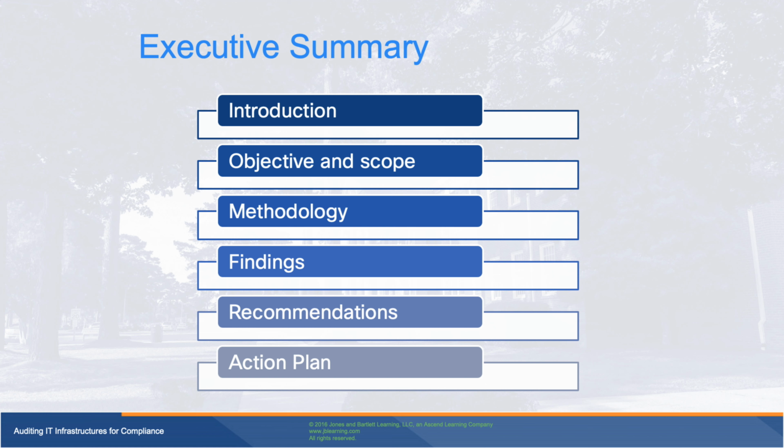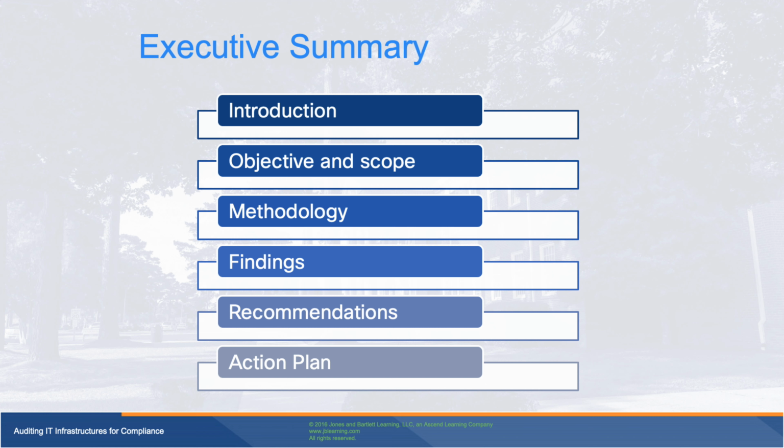A lot of times you'll find these executives won't read the report. They don't have time to sit and read a 60-page report. So this executive summary is going to be very, very important to communicate what was found during the audit.